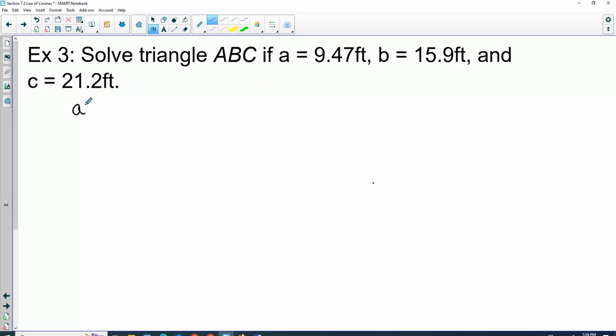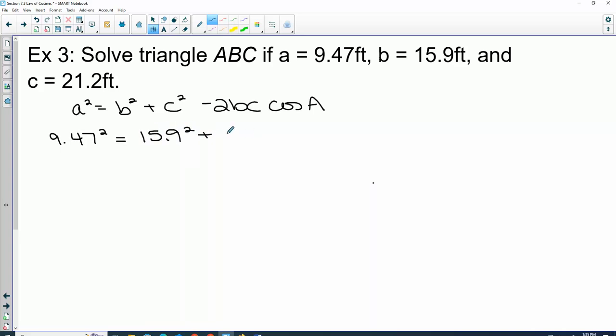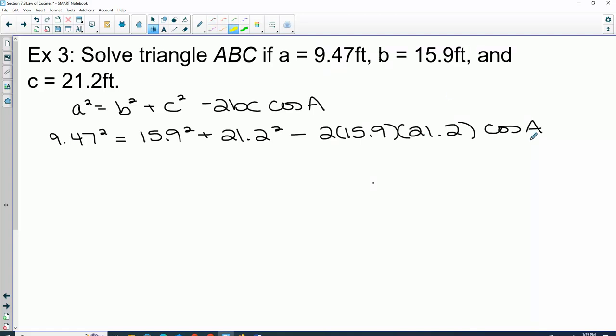So if I'm using the A formula, A squared equals B squared plus C squared minus 2BC cosine of A. So if I plug this in, the formula looks pretty ugly just because we have so many variables, but keep in mind, all we're trying to do is get this cosine A by itself.